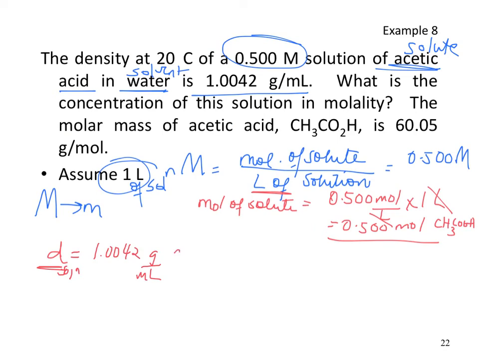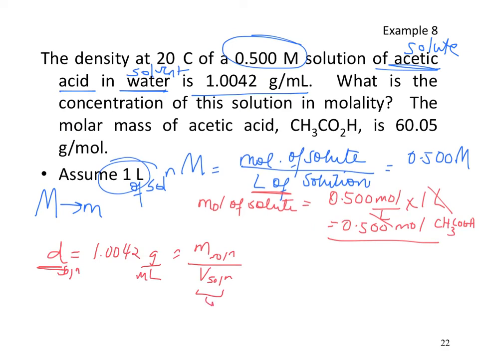So one can say that this also is going to be the mass of solution over volume of solution. If I know the volume of solution, which by the way I'm supposed to assume to be a liter, I should be able to determine the mass of the solution from here.